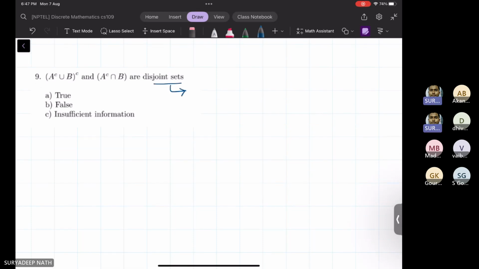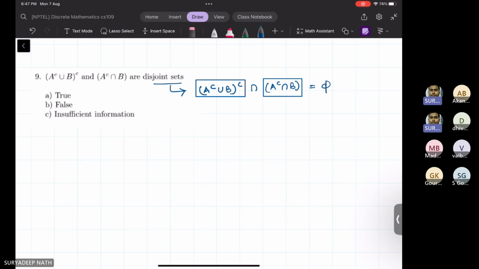This means that (A complement union B) whole complement, this set, intersection with the other set A complement intersection B, should be a null set. So disjoint sets means that there are no overlapping elements between the two sets.